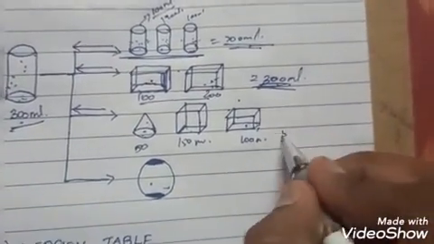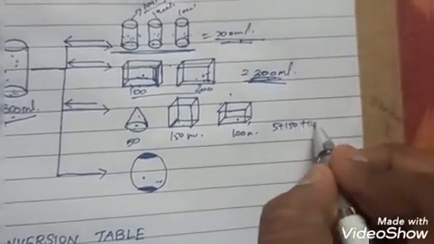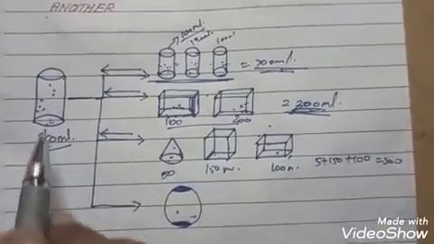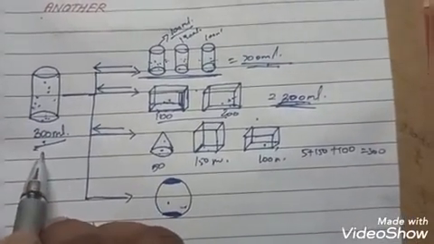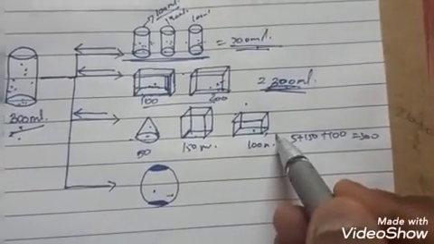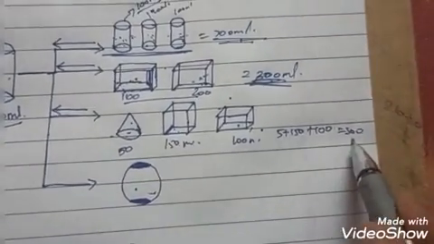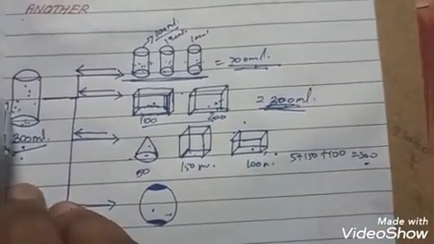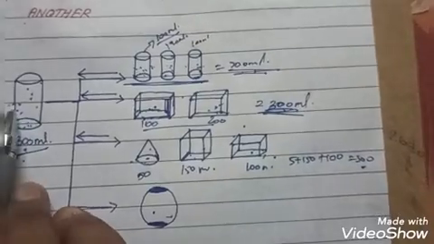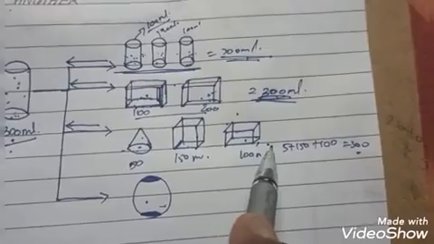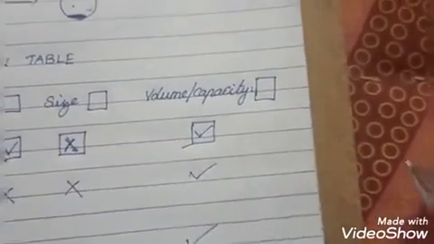You can see 50 plus 150 plus 100 gives 300. The capacity of one cylinder is 300 ml. You can transfer the liquid into three different types of containers. It is equal to 300 ml. So one solid shape can be melted and converted into three different shapes, but the capacity remains the same, the volume is the same.